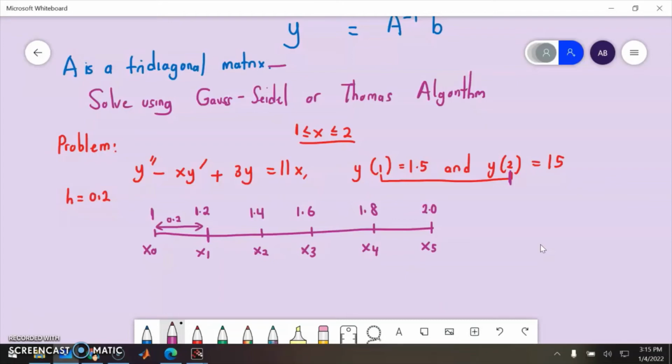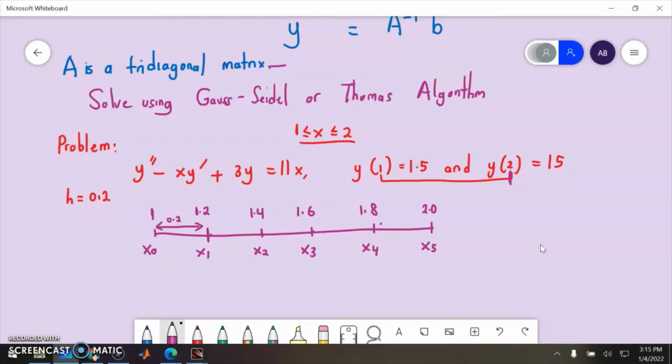So our y is 15 and y is 1.5 at the endpoints. These are all my x grid values here. So how many step lengths do we need? 1, 2, 3, 4.